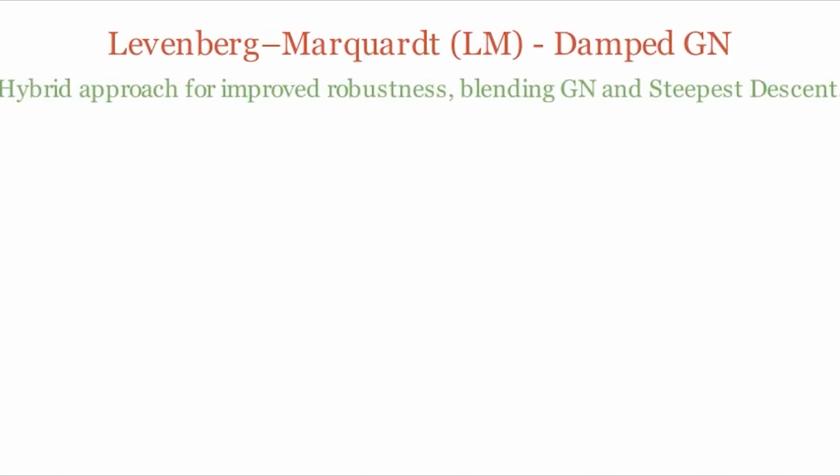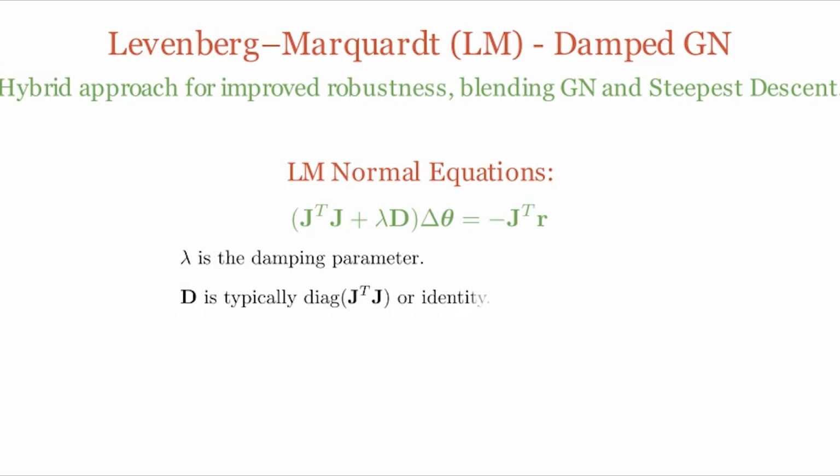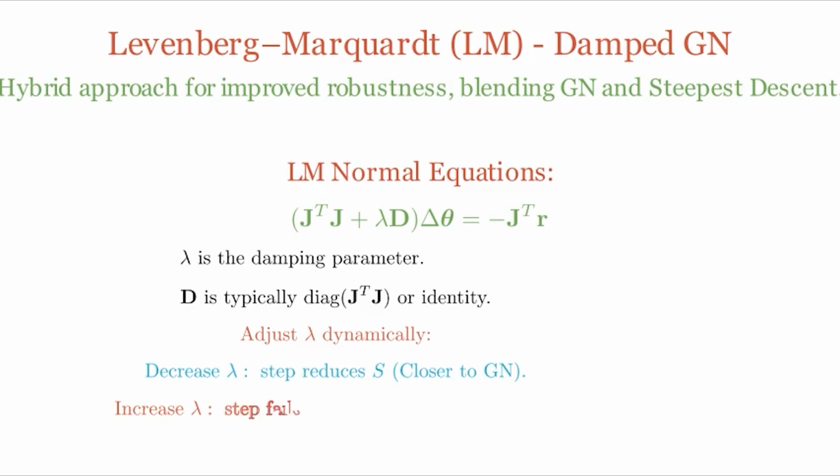Now this LM method is also called damped Gauss-Newton because it adds an additional damping parameter lambda multiplied by the D matrix. D is typically the diagonal of J transpose J or the identity matrix. This lambda is adjusted dynamically so that we get better convergence rates.